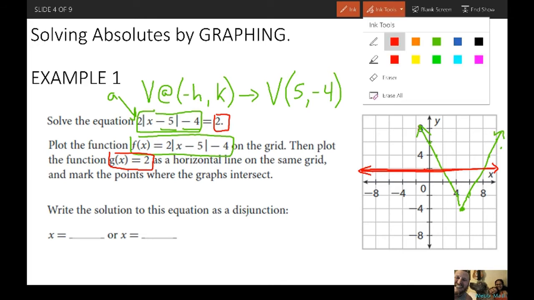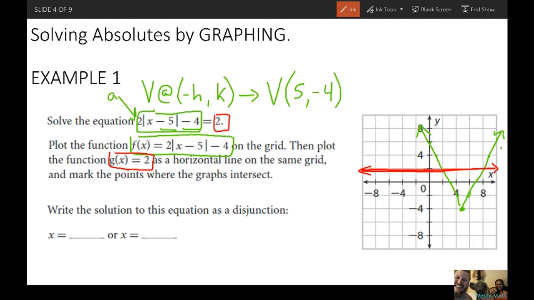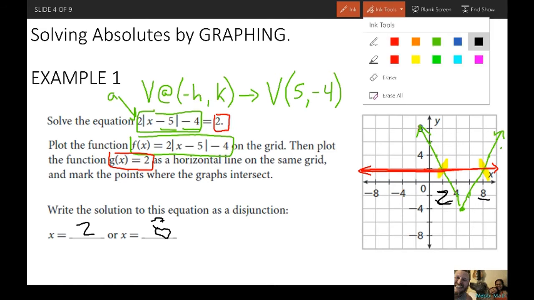Now, if you notice, we have two different intersections between f of x and g of x. And that is when x equals 2 or at x equals 8. And it's a terrible 8.